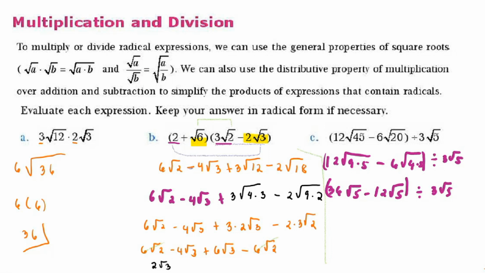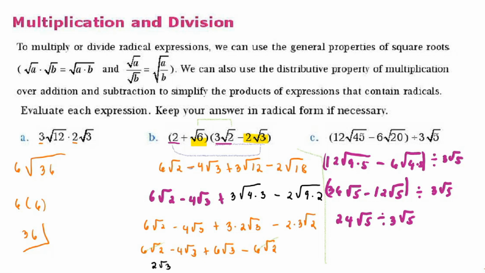Okay, so we can simplify this one. We can combine since they have the same radicand of 5. So 36 minus 12 is 24. So we have here 24 square root of 5 divided by 3 square root of 5.